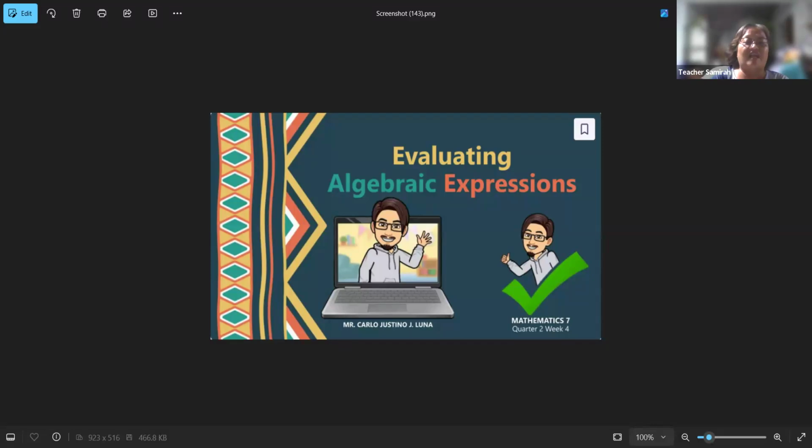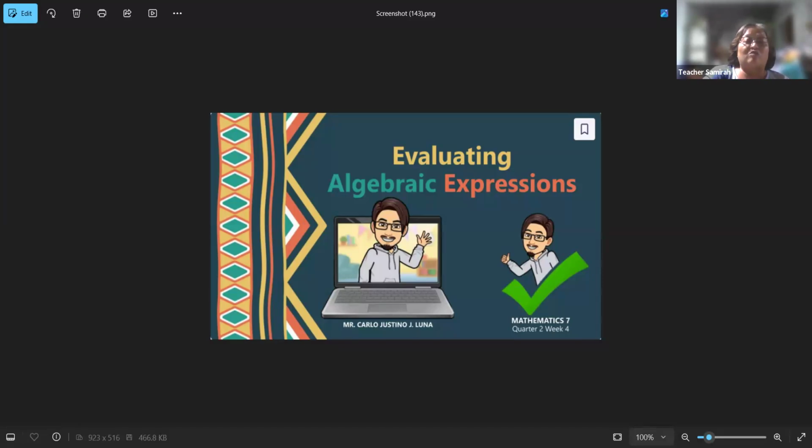While the exponent is a small number written to the right of and slightly above another number or letter to indicate how many times the letter or number is used as a factor. Remember, 4 raised to the power of 2, what is that? It is 4 times 4, which equals 16.